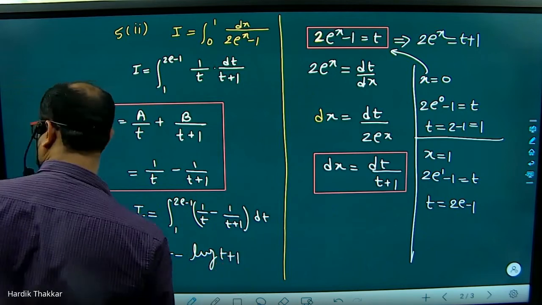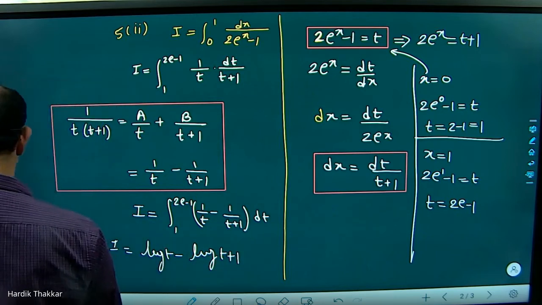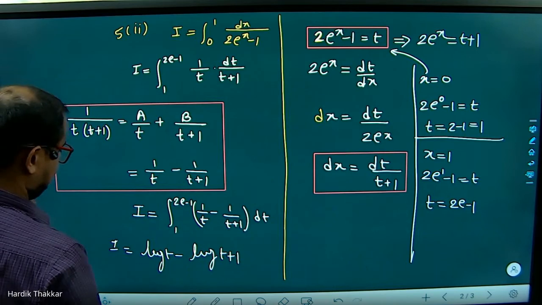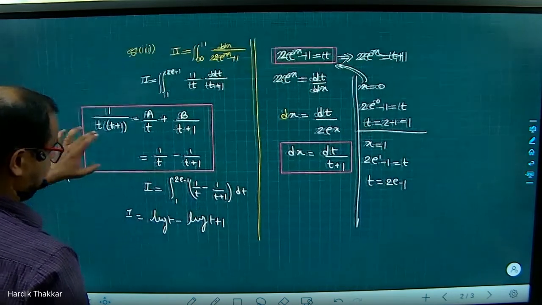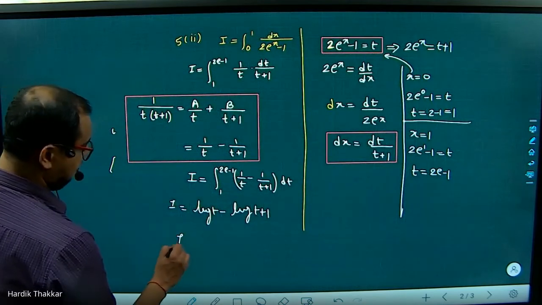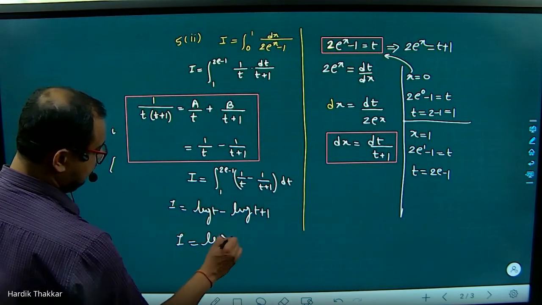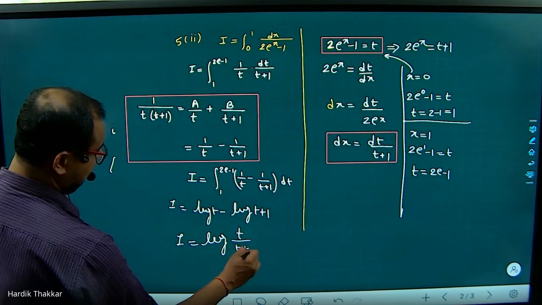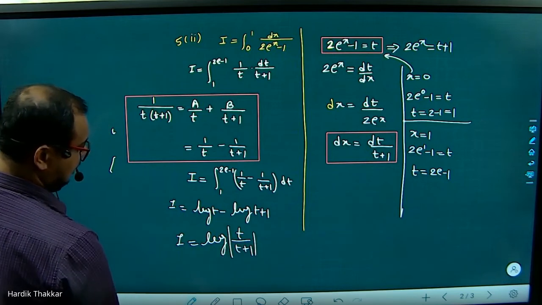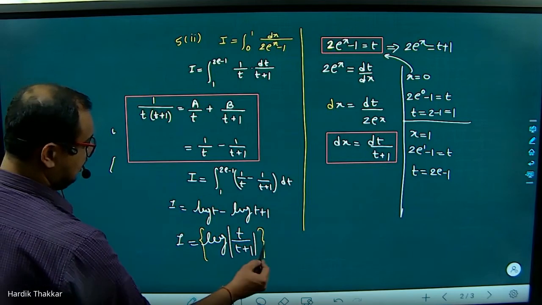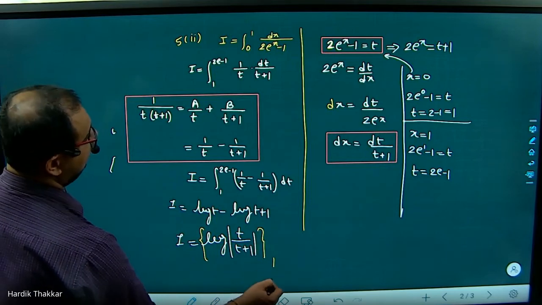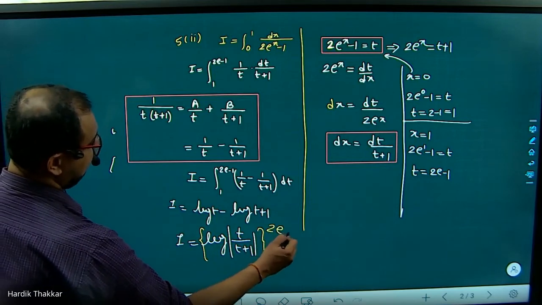After this step, you can simplify this using properties of log, so I is equal to log t upon t plus 1. Further apply the limits here. The lower limit is 1 and the upper limit is 2e minus 1.